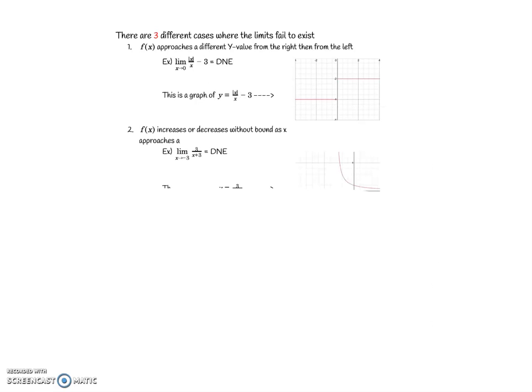The next case is when the function decreases or increases without bound as x approaches a, meaning there's a vertical asymptote. When there's a vertical asymptote, one cannot find a double-sided limit. Well, some might argue, can't you just say that it's approaching infinity or negative infinity?